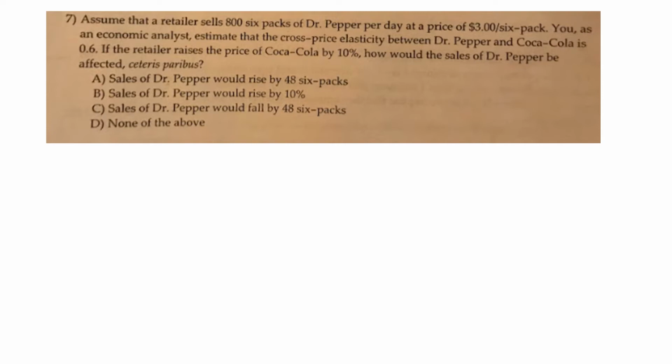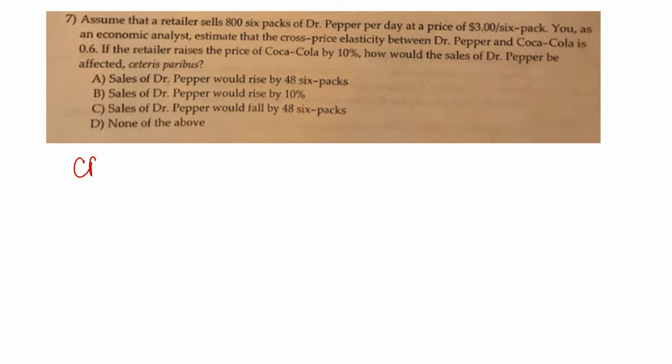Okay, one more here. Assume that a retailer sells 800 six-packs of Dr Pepper per day at a price of $3 per six-pack. You, as an economic analyst, estimate the cross-price elasticity to be 0.6.